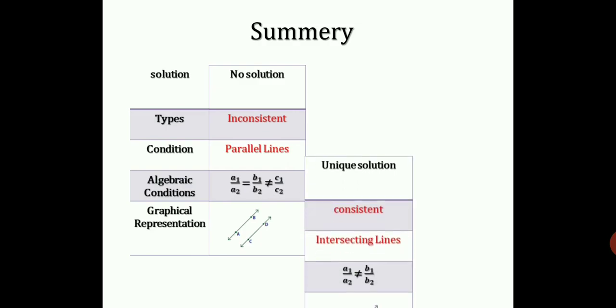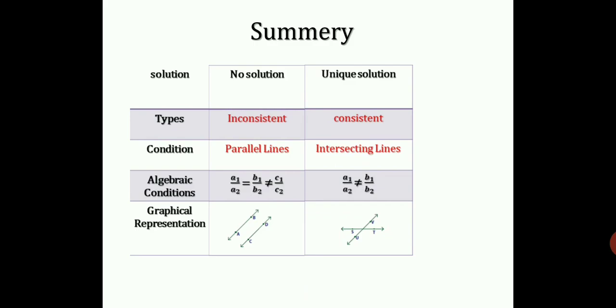Now second is unique solution. It is consistent because it has one unique solution. So the lines are intersecting lines, and the condition is a1 by a2 is not equal to b1 by b2.